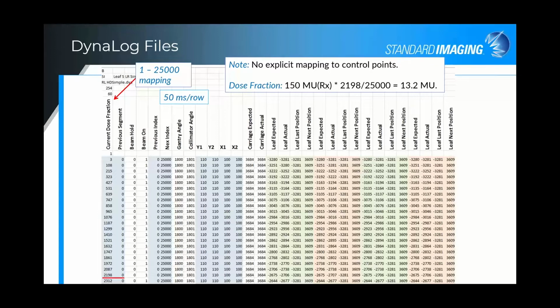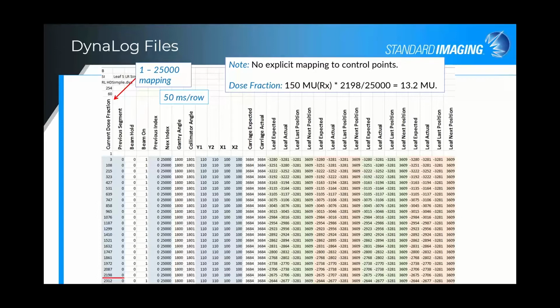You can see labeled along the top the meaning of the parameters in each column, things that are familiar: gantry angle, collimator angle, your X and Y jaw positions, carriage, leaf expected positions, etc.